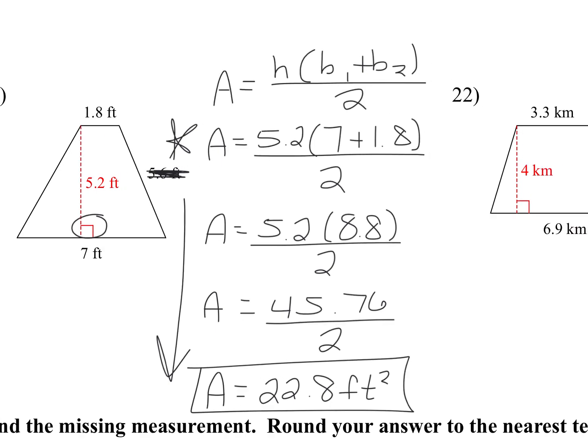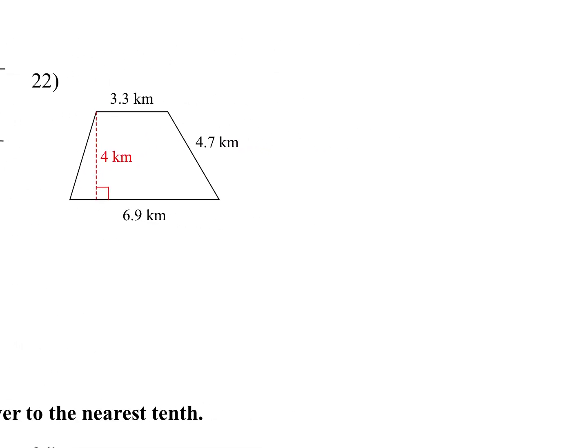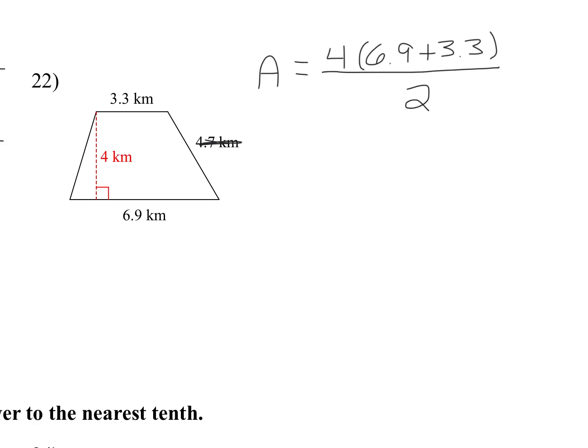Okay, what do you notice about number 22? It's a trapezoid. So what formula are we using? That same thing. What's the height? 4. What are my bases? 6.9 and 3.3. Good. We don't care about 4.7. Last step: divide by 2.